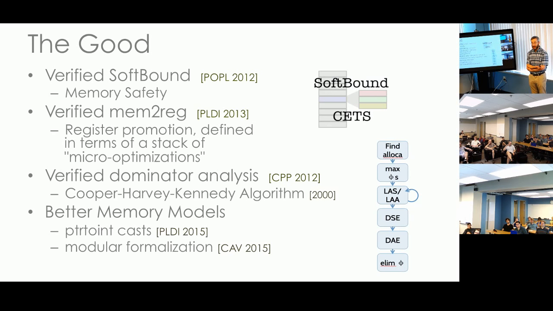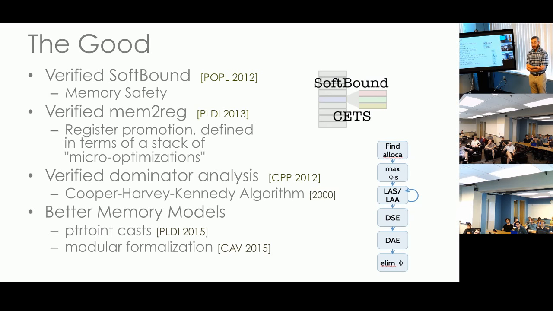And we use two techniques in those endeavors, one of which is what we use for SoftBound, which is to give a non-standard semantics to the language, one that's correct by definition or oracularly correct, and then show that the code instrumentation you've done at the real LLVM level simulates the correct transformation.